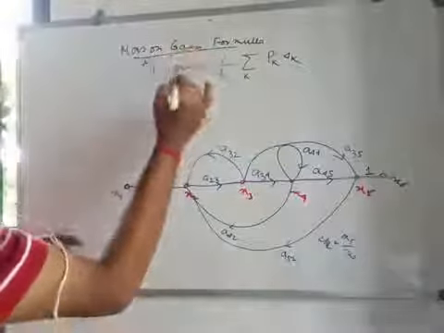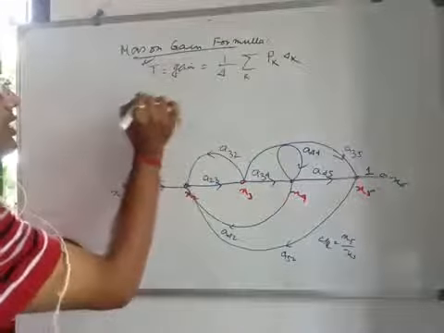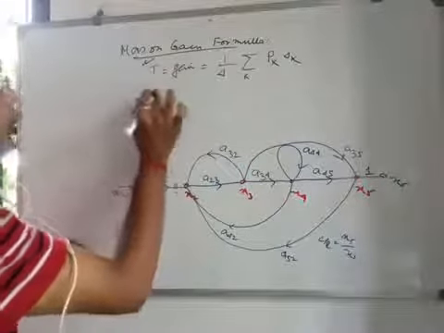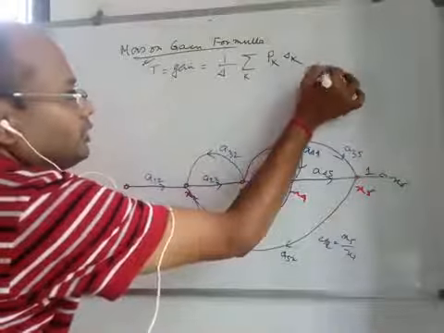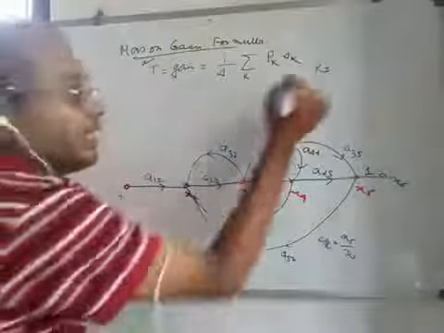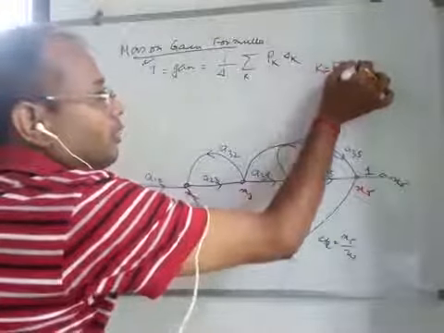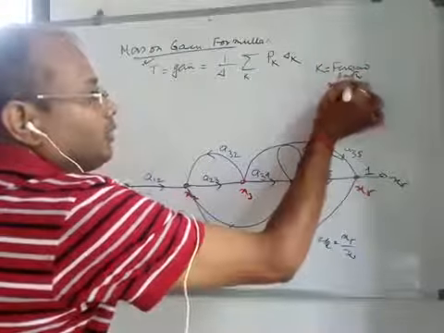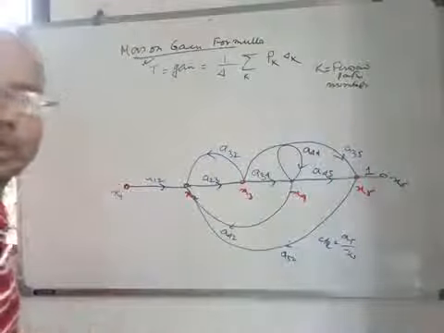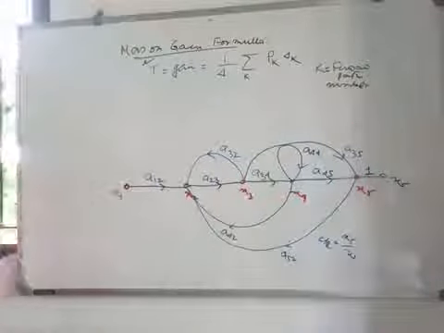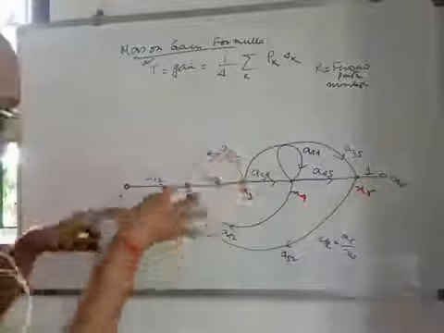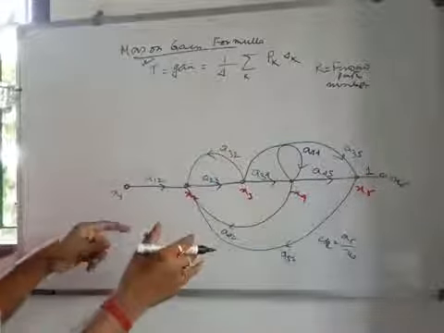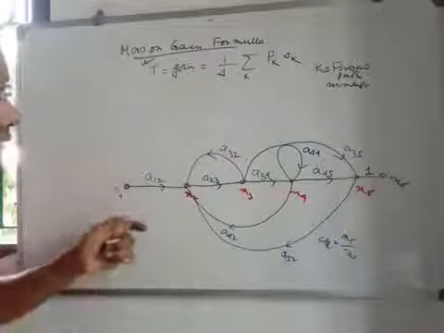So what are these parameters? First of all, you have to know the parameter k. K is known as the forward path number, that is the number of forward paths, which is very important. Actually this system I am not going to analyze; I will take some other systems to analyze.